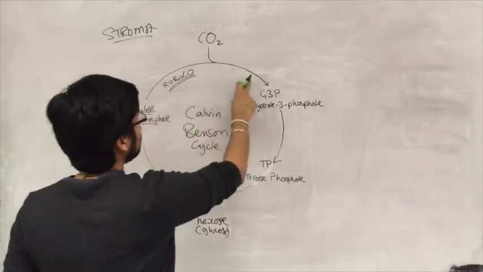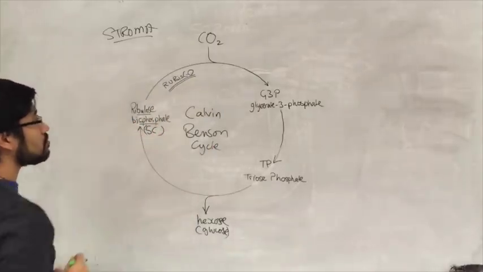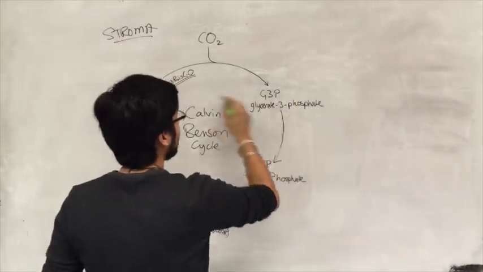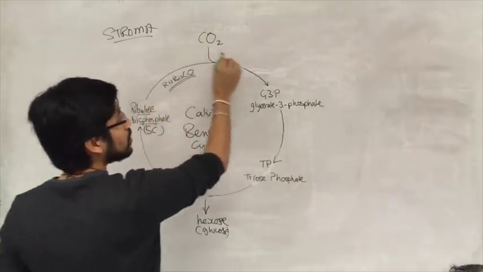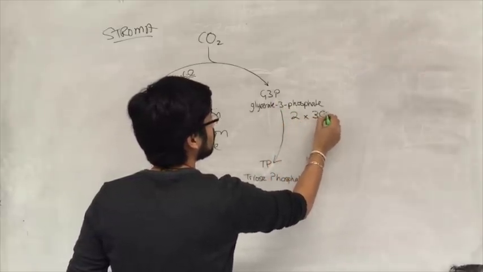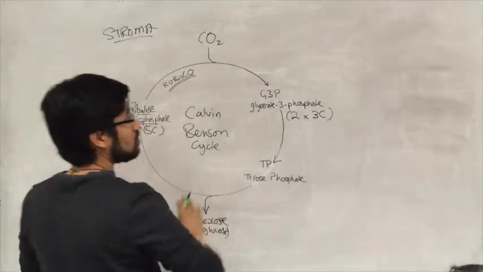This molecule has 5 carbon atoms in it. What's important to know is that when it combines carbon dioxide with this 5 carbon molecule, we produce 2 times 3 carbon molecules. All right, so we are just accounting for the carbons here.